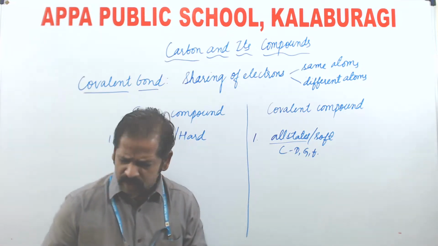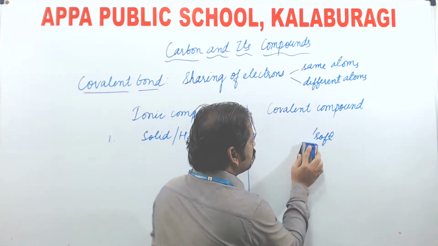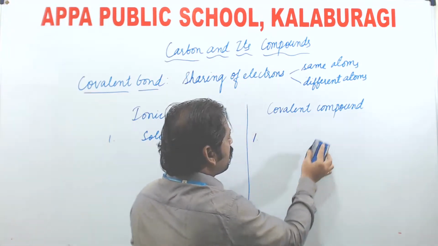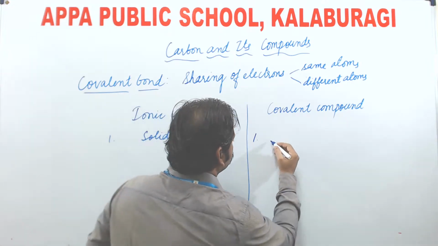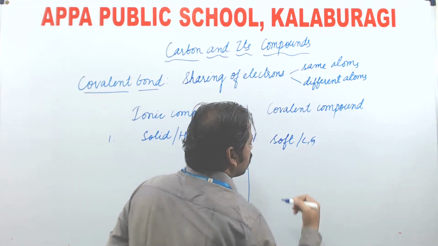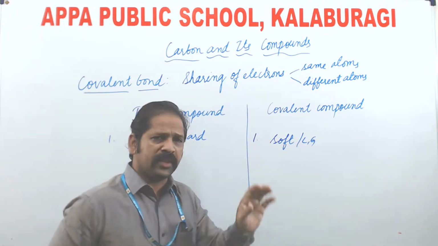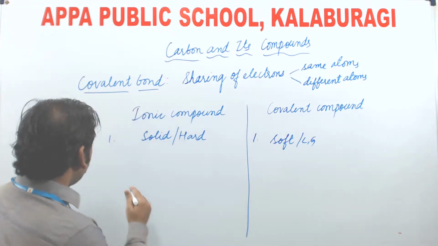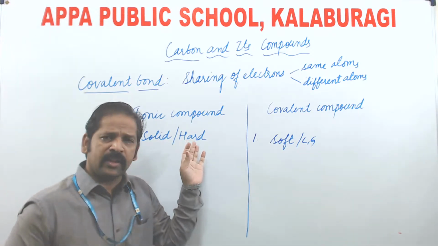If you talk about only compounds, these are soft in nature. In the liquid state and gaseous state, these are soft in nature. Yes, the solid state is automatically hard in nature.